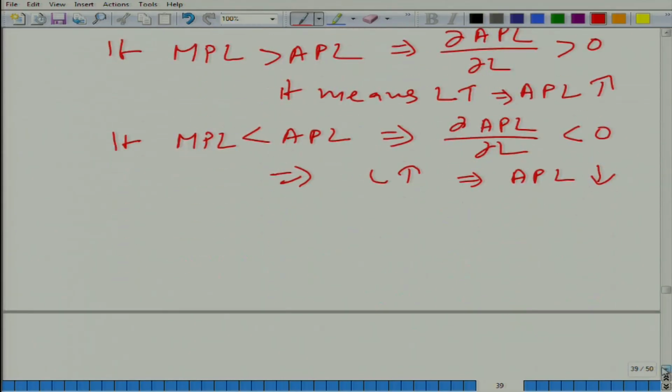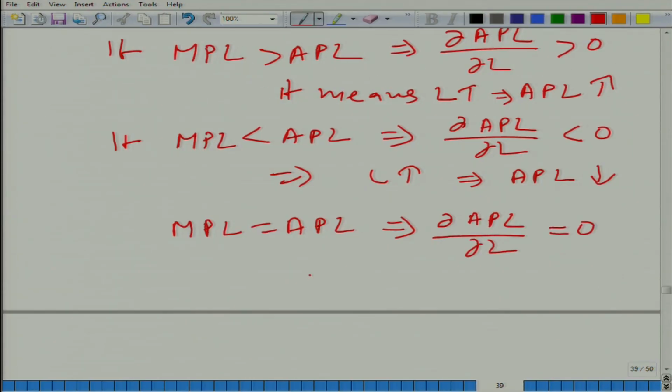And third would be MPL is equal to APL, and that is how we get the stationary point. Extremum. L goes up momentarily, not at all levels, just at that point that L goes up, APL remains the same, no change.